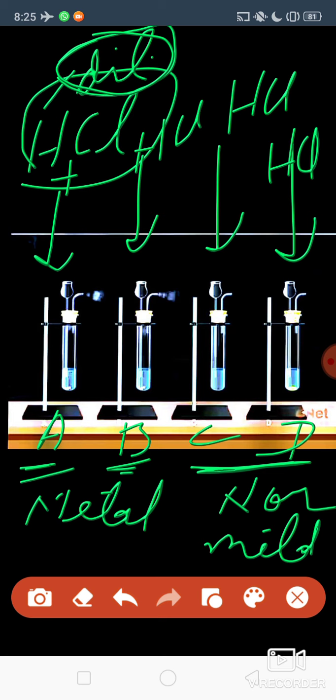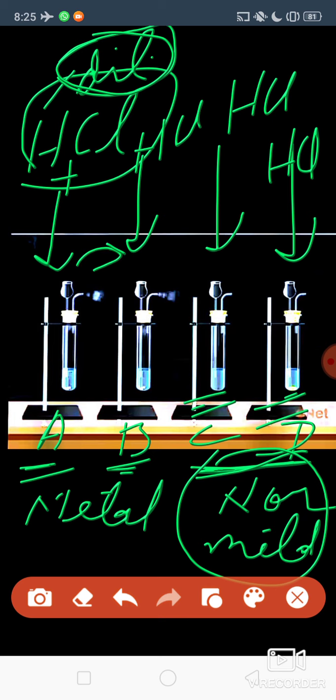After adding, we observe that no reaction has taken place in C and D, where there was non-metal. But in A and B a little reaction was there, and some gases were released after adding hydrochloric acid.